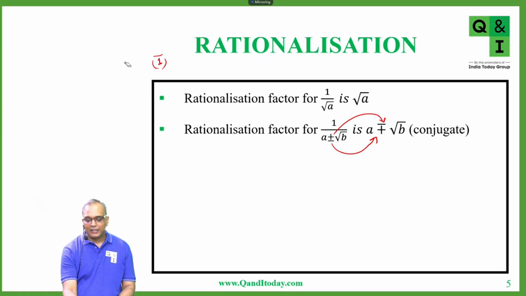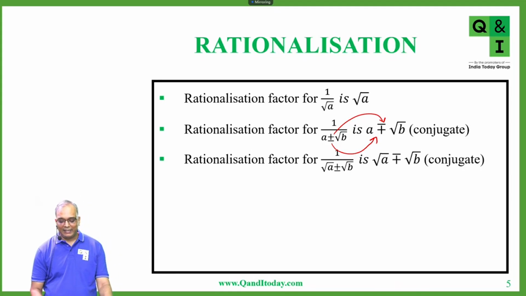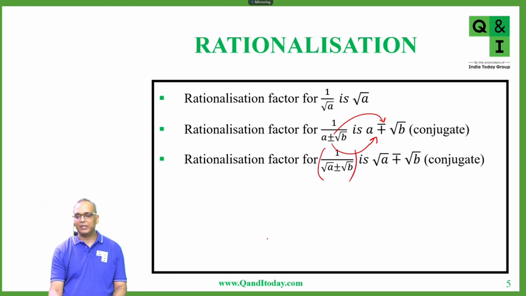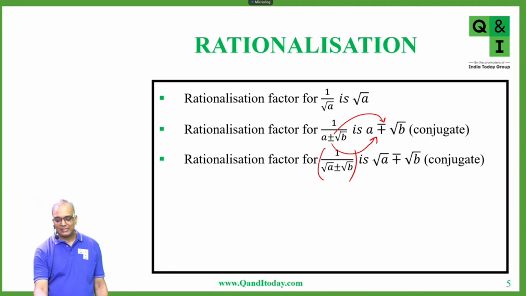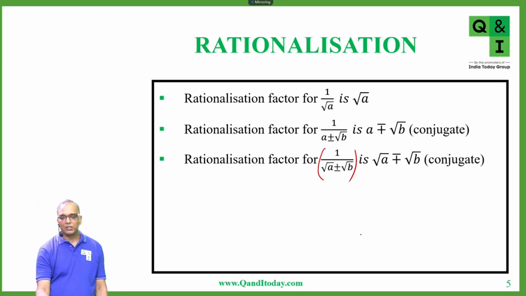Right? Now, if you have the other form, rationalization factor for 1 by root a plus minus root b. In the previous case, you had a plus minus root b, so a did not have a square root over it.